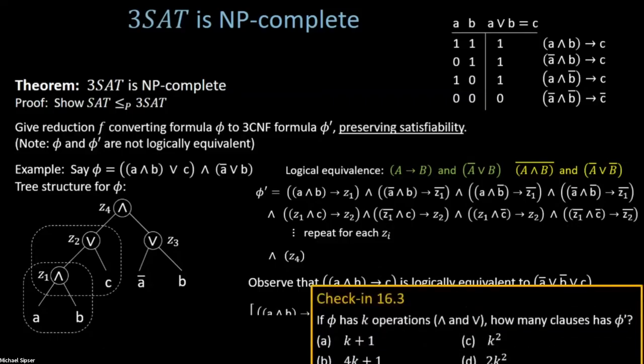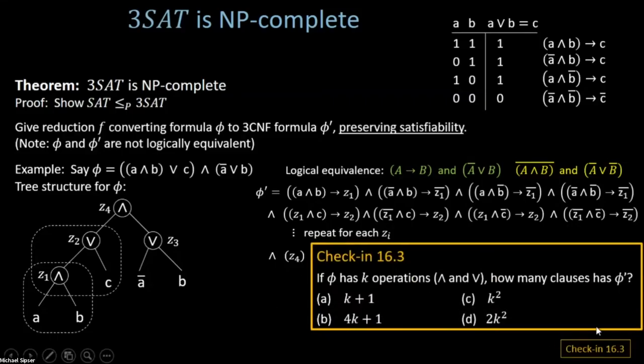So, check-in number. I realize my check-in is broken because I only realized that last point just now as I was talking. So the actual value that you get in terms of the number of clauses is correct. No, I take it back, this is fine.